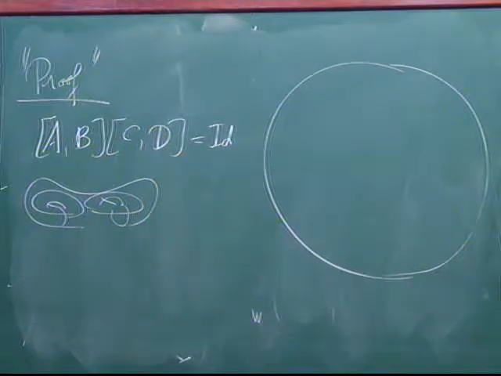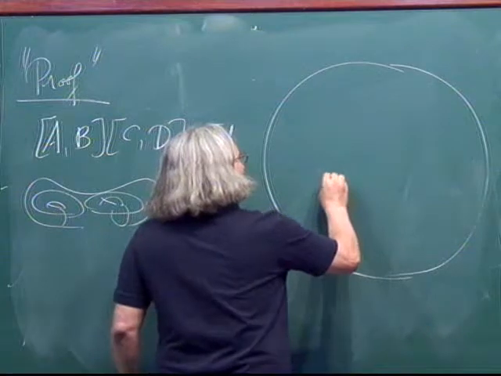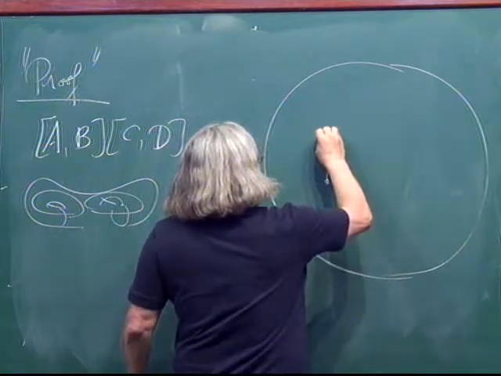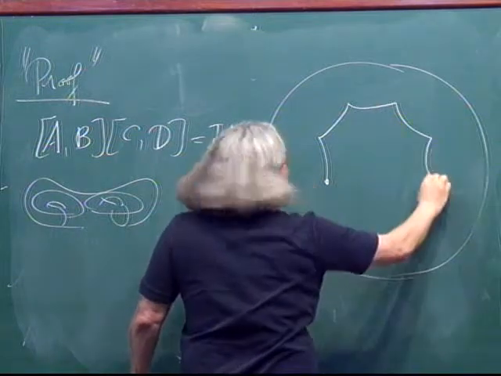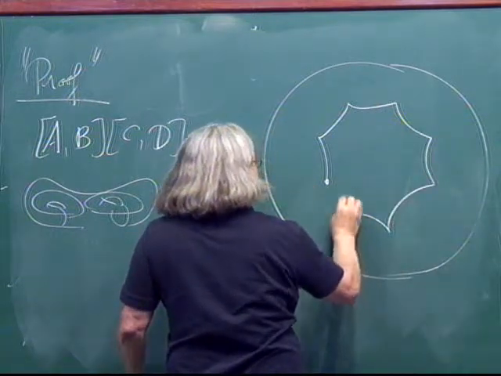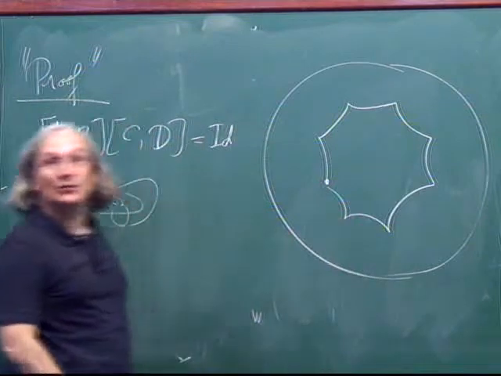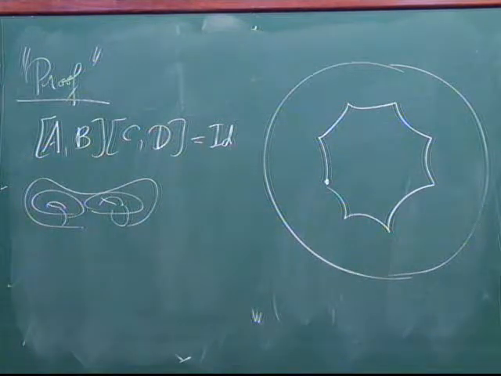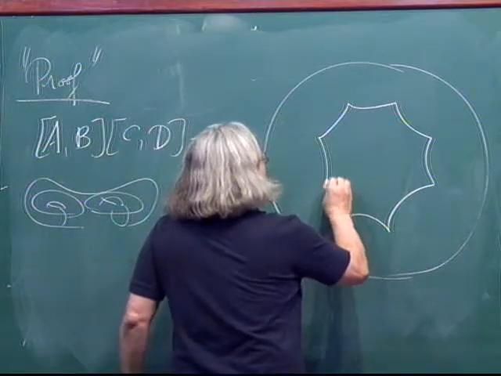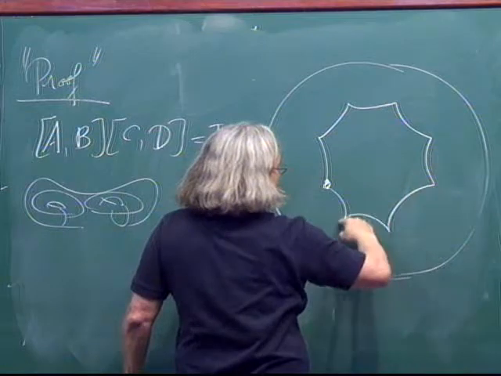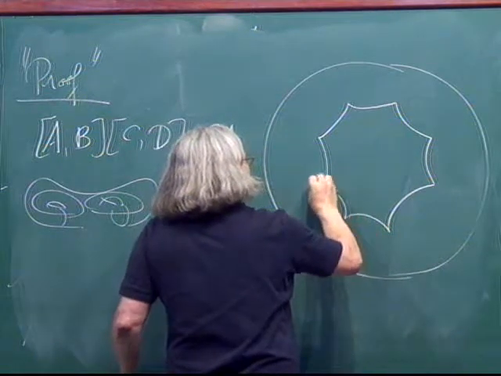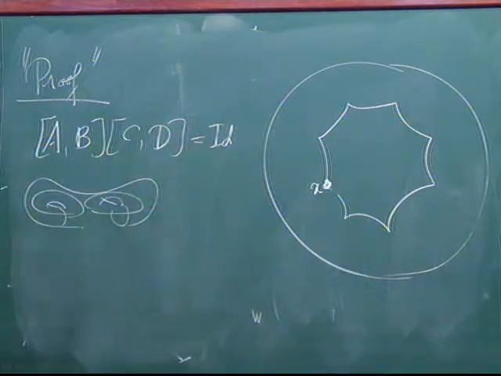Well, that means that this group defines a Fuchsian group. So you pick a point, and you look at its image by A, by B, by A inverse, by B inverse, by C, by D inverse, and you come back at the original point, because you have this relation. So what you have is that if you pick a point, you create a polygon with 8 sides. 1, 2, 3, 4, 5, 6, 7, 8. You start with a point, and you create a polygon.